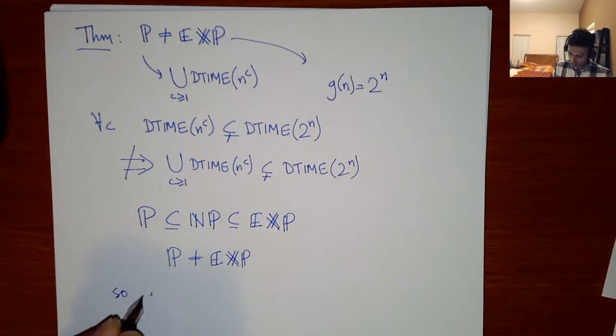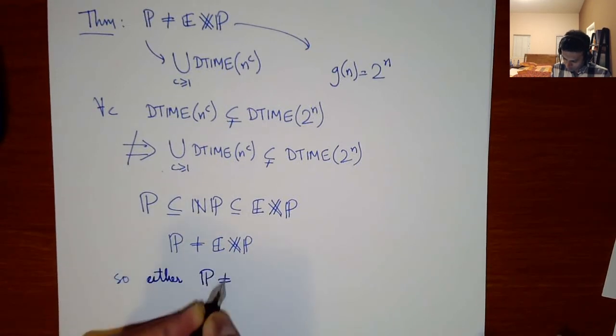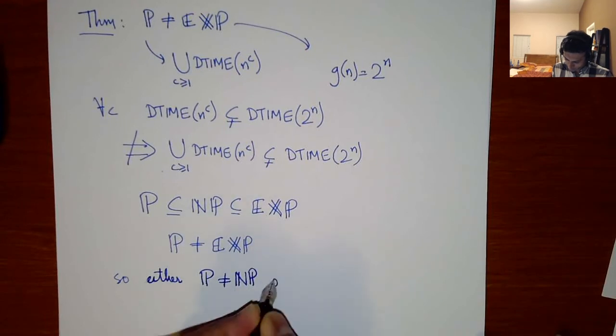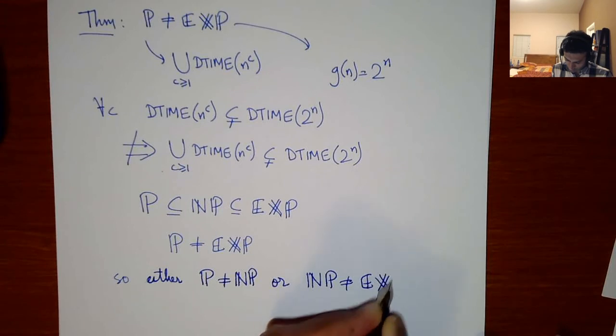So quite directly, the time hierarchy theorem tells us that either P is not equal to NP or NP is not equal to EXP.